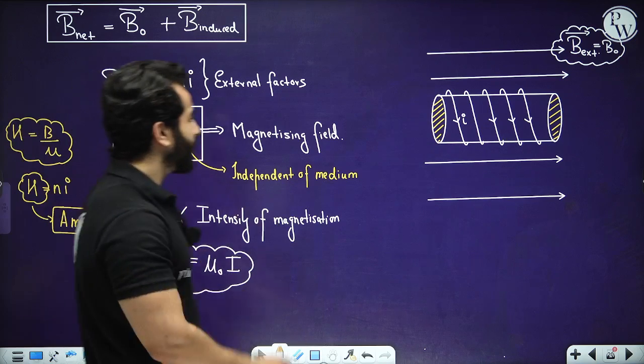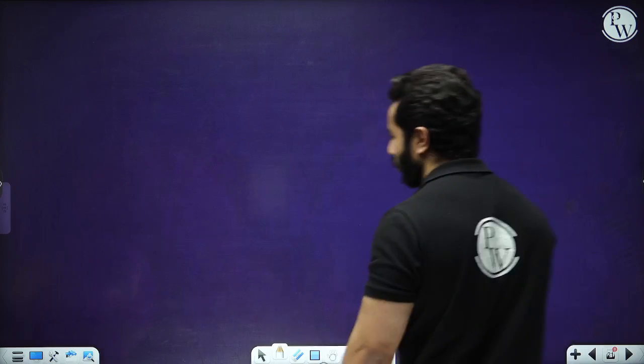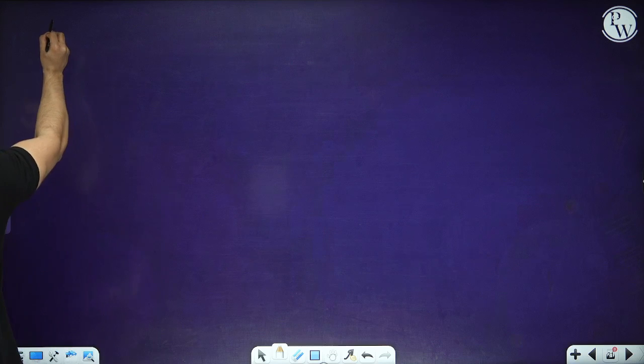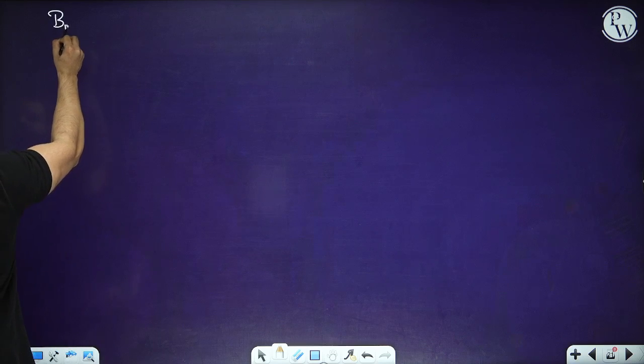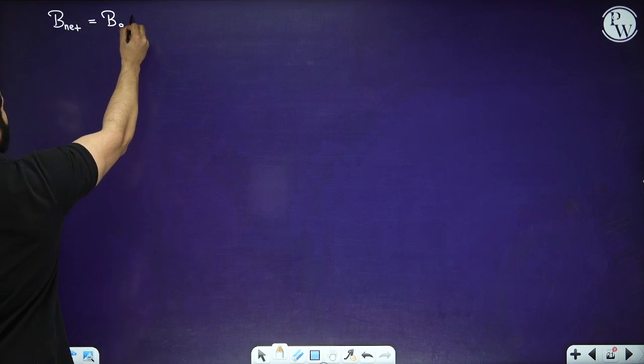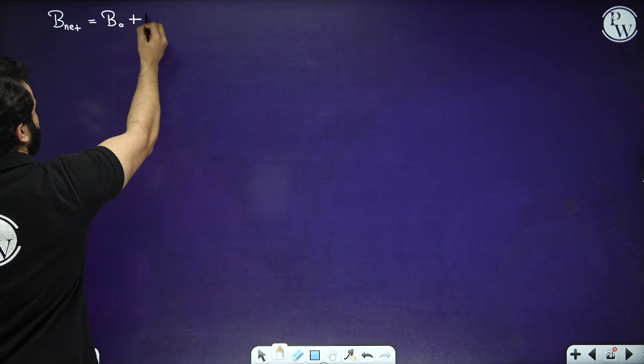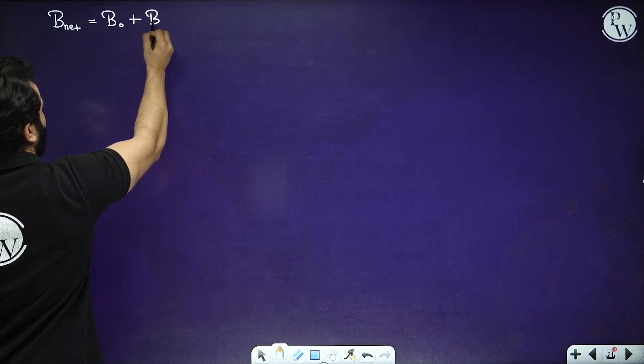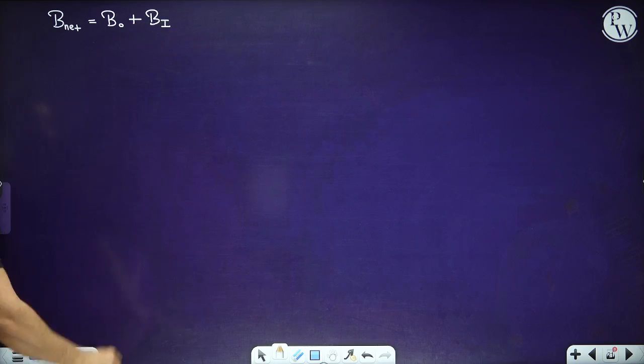So I have now two things. Initially, I have written that the net magnetic field will be the vector sum of external magnetic field and induced magnetic field.